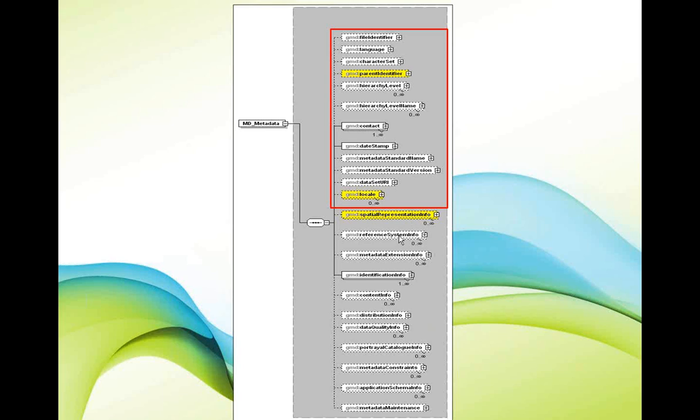And then you also have these packages, which are those other main sections: spatial representation info, reference system information, metadata extension information, identification information, content information, distribution information, data quality information, portrayal catalog information, metadata constraints, the application schema information, and metadata maintenance. So here's the root, here are these tags, and then at the same level you have these.